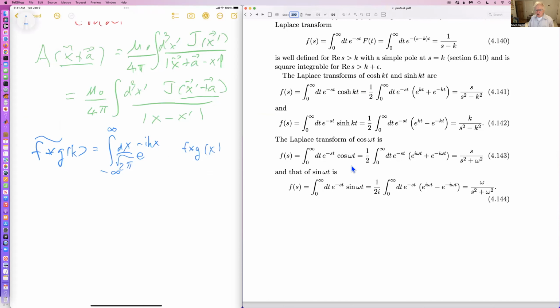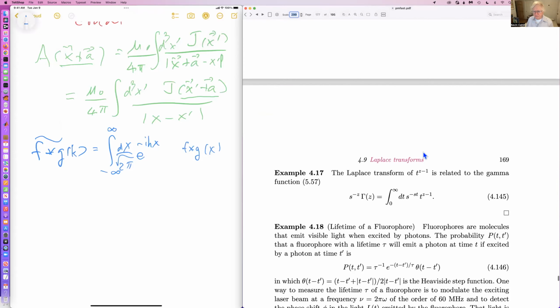The cosh, sinh, cos, and sine are all four of them linear combinations of exponentials, and so using this, you can compute their Laplace transforms, and they all go as essentially 1 over s, like this, and they all have something going on either at i omega or minus i omega or ik or minus ik.